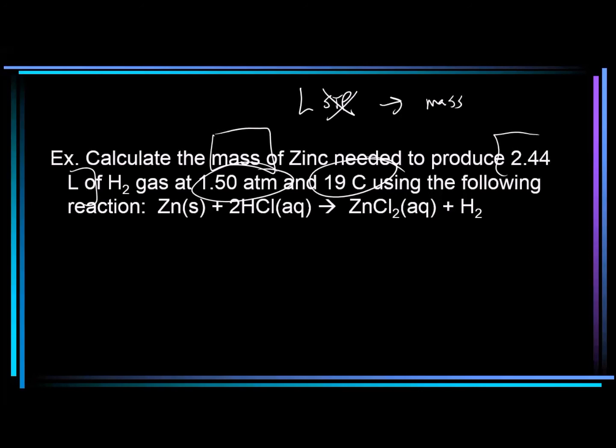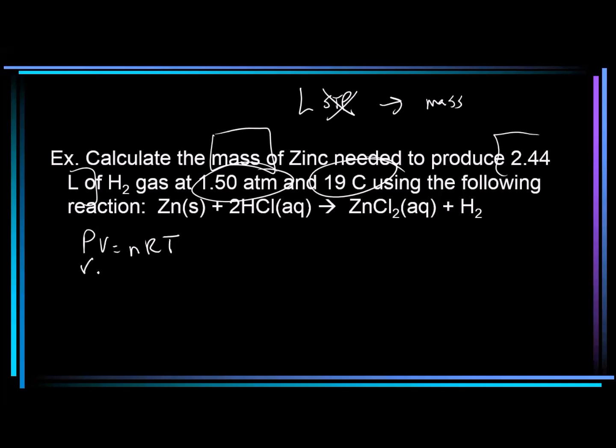I told you yesterday, you just go in reverse. So yesterday we did train track and then ideal gas law. Today we have to do ideal gas law, then train track.